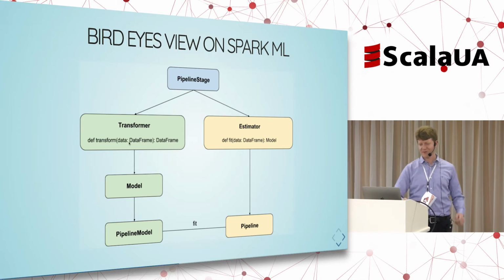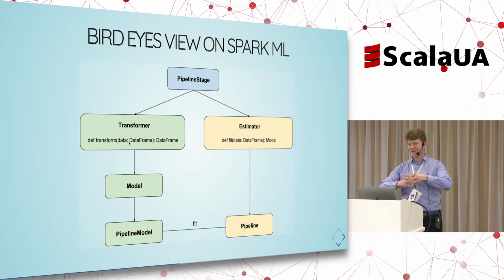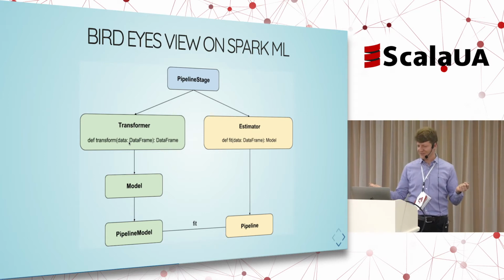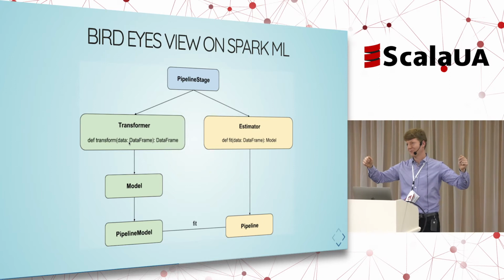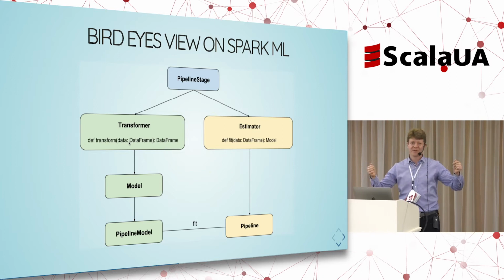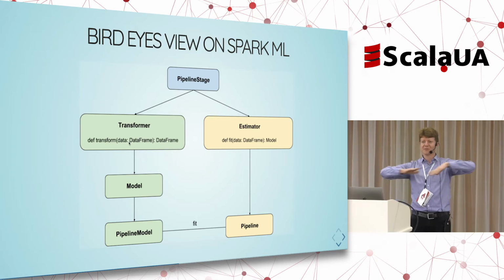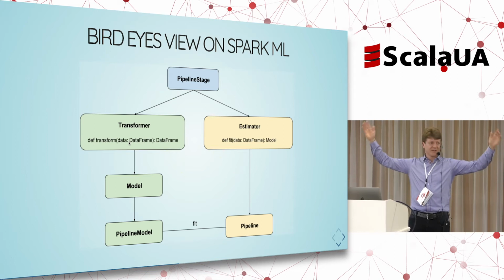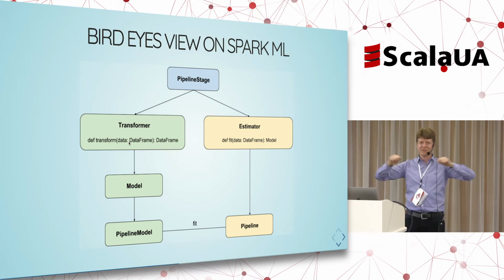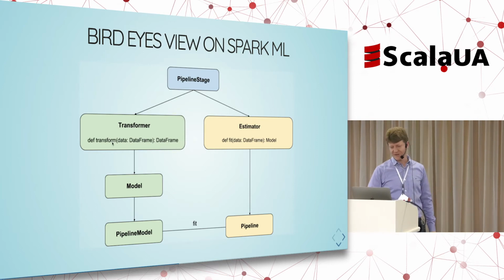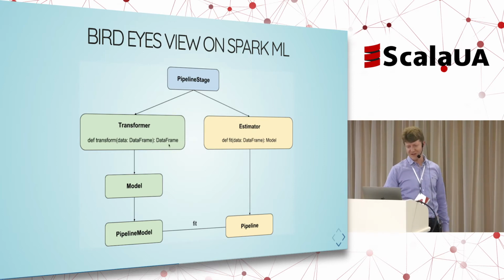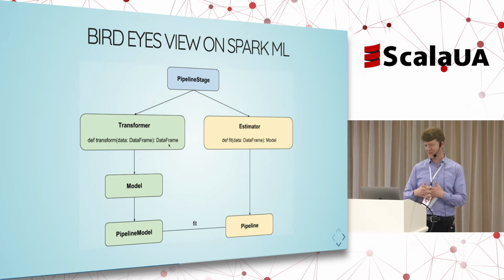A transformer is really just a transformation, as the name says. So you give it a data frame. If you have never heard of a data frame, you can think of it just as a potentially distributed table of data. So it gets a data frame, and then it applies whatever transformation, and it returns you a new data frame. So that's all the transformer does, basically.